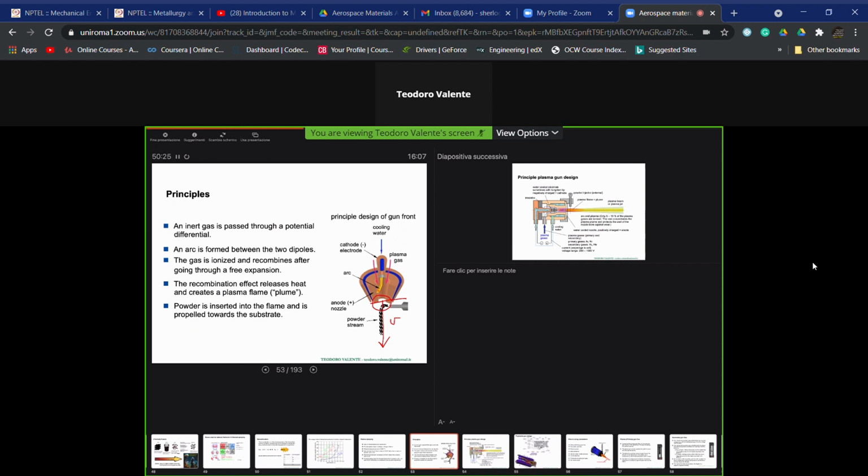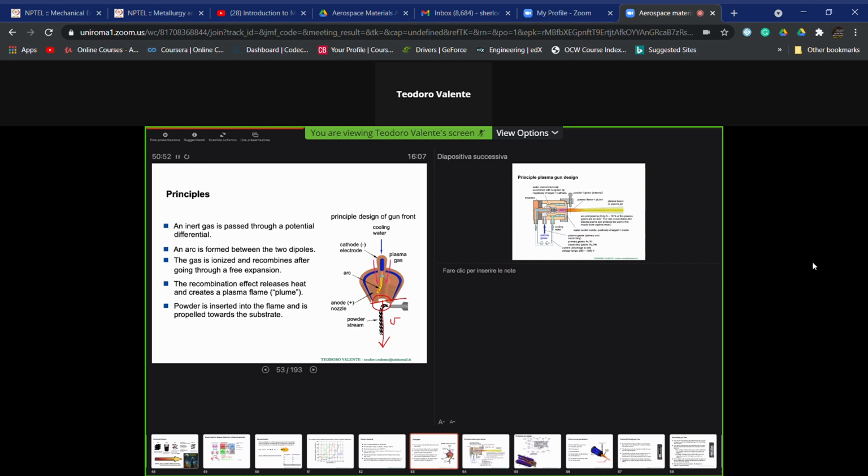If we inject our powders in this area, not inside, the internal injection is a solution which exists for the HVOF. But now we are discussing plasma. If we put powders where we generate the plasma, this will be completely closed in a moment, I mean the space between the anode and the cathode. So the injection is external.